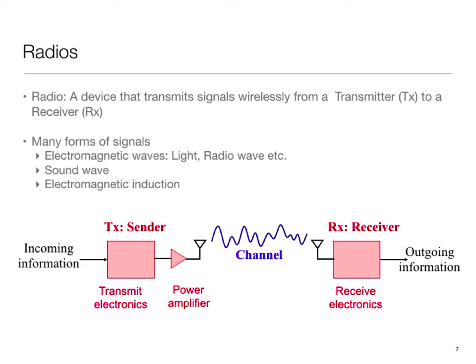There is a receive electronic, and then eventually you get the outgoing information. So the electronics handle on the transmit side compression, error coding, or channel coding, as well as medium access control protocol. And on the receive side, it's just a reverse of that.